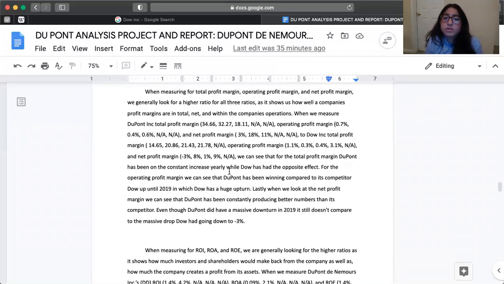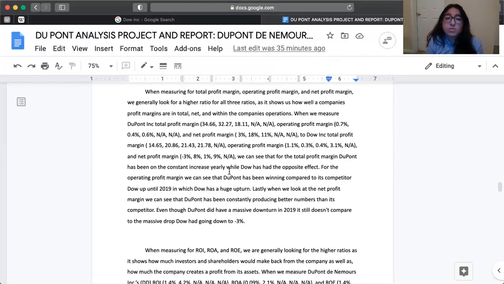When measuring for the total profit margin, operating profit margin, and net profit margin, we generally look for a higher ratio for all three, as it shows us how well companies' profit margins are in total, net, and within the company's operations.